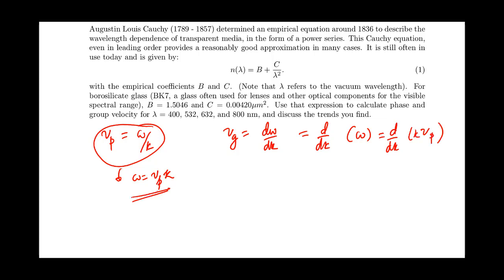If I differentiate this by the chain rule, I have dk by dk times vp plus k times dvp by dk. The first term just gives me 1, so I have vp plus k times dvp by dk.